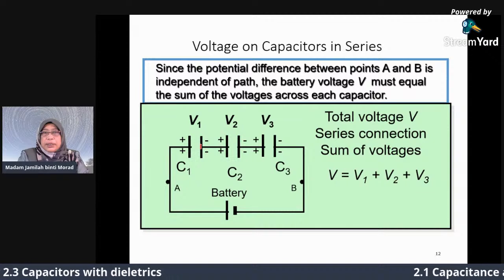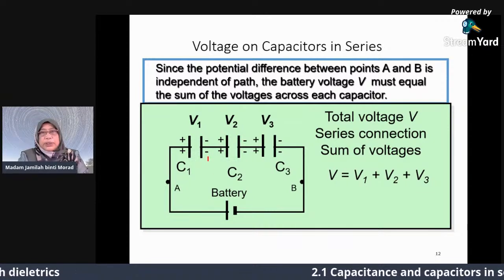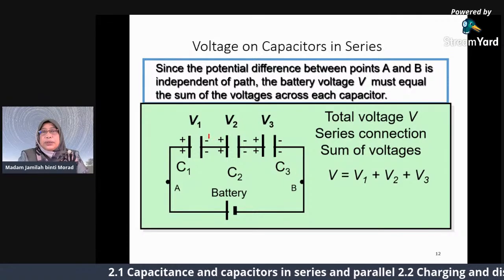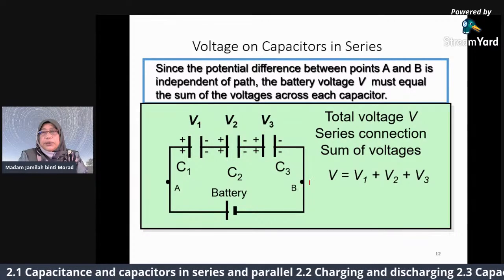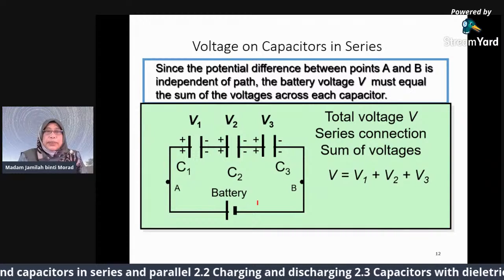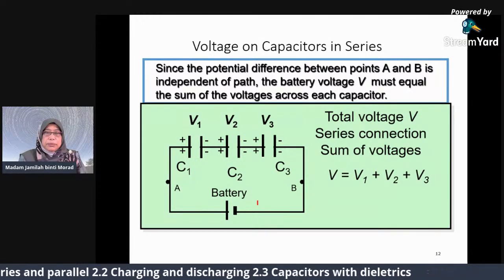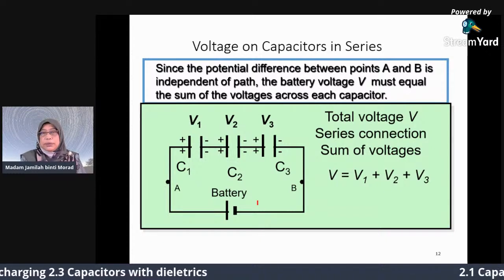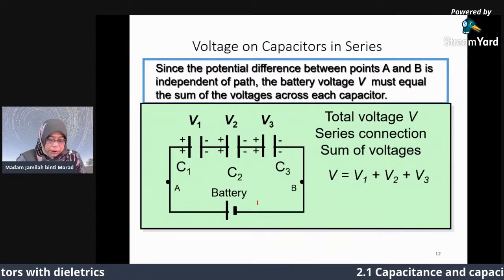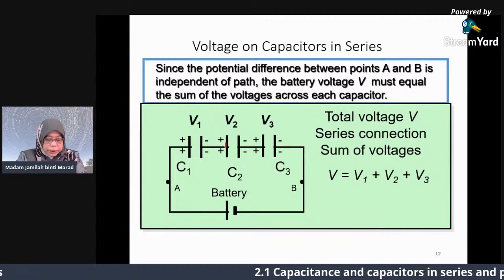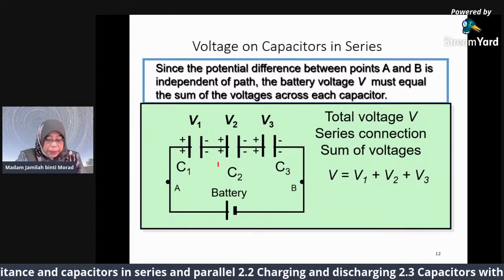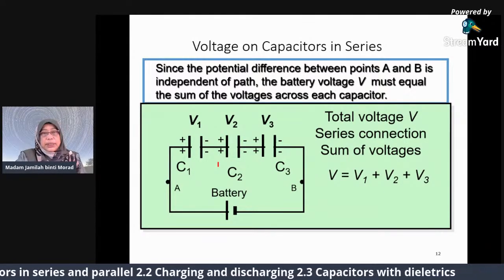When Q equal to CV and Q is the same, you can arrange this equation, and the total of V1 plus V2 plus V3 is equal to the voltage supplied by the battery. That is in terms of voltage. Q is the same for capacitors in series, so the higher capacitor will get lower voltage, Q equal to CV.